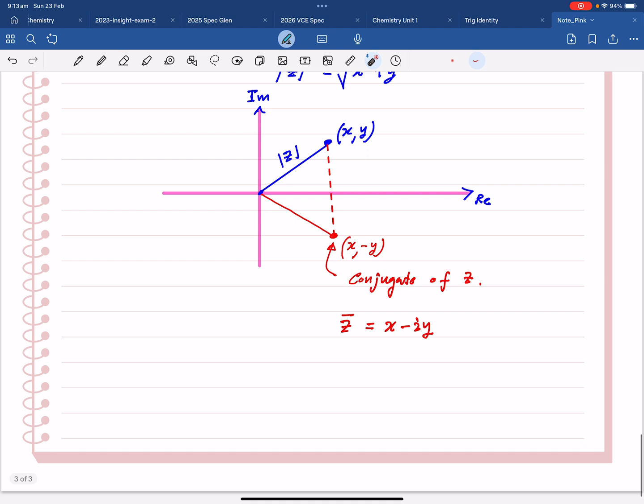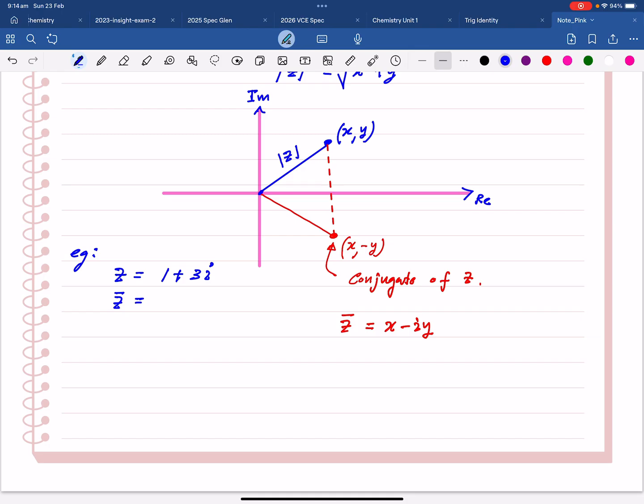Now, example. Suppose you have z is equal to 1 plus 3i. Now you have to visualize. Okay, 1 is here, 3 is there. First quadrant, this. Now if you want to find the mod, yes, you can do that. Now you need to find the conjugate of that. What is the conjugate now?